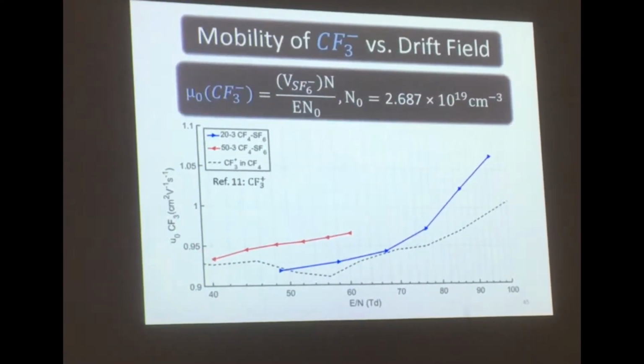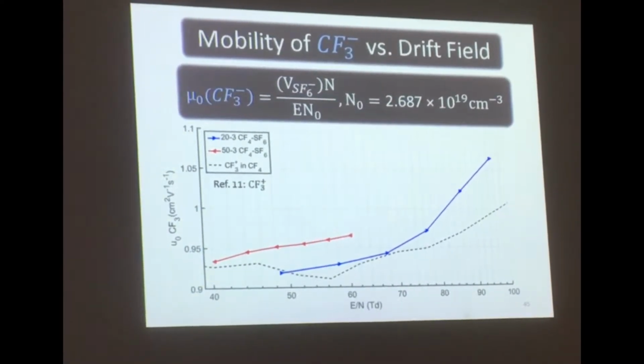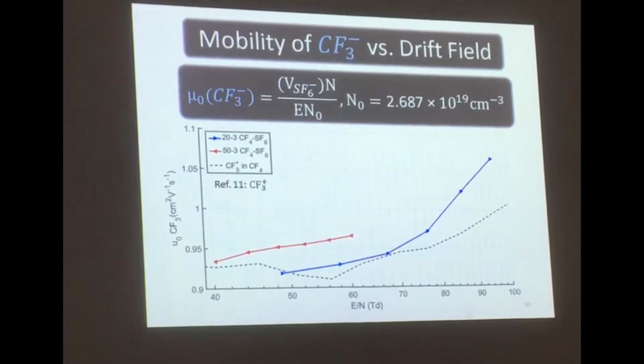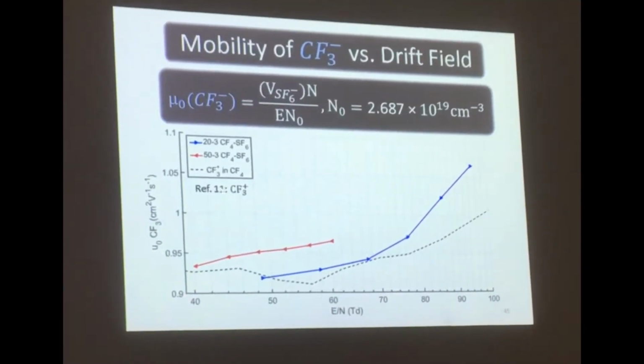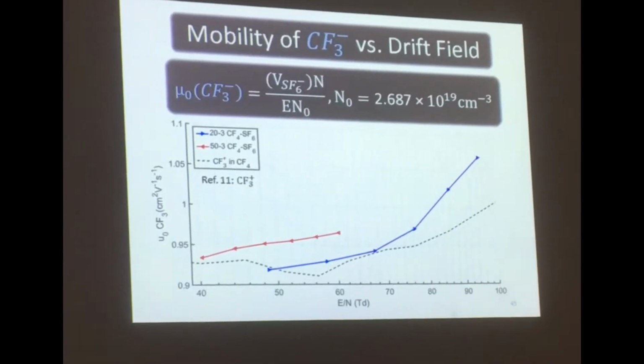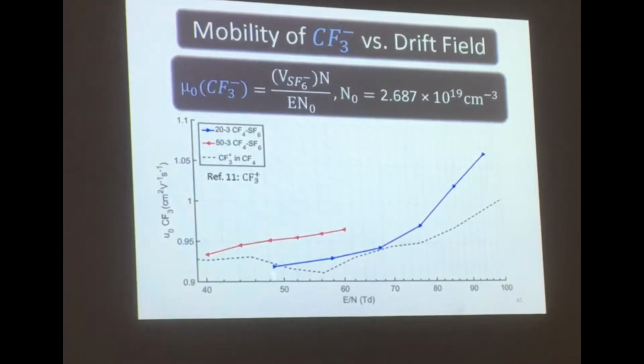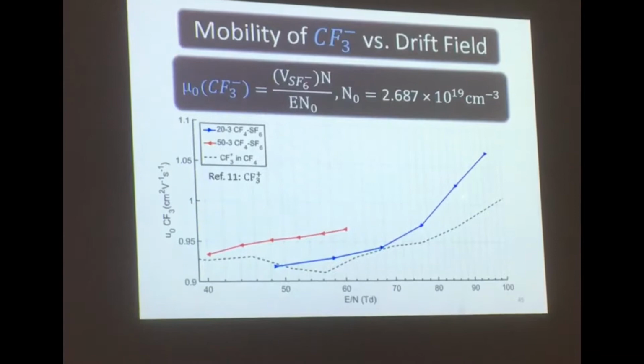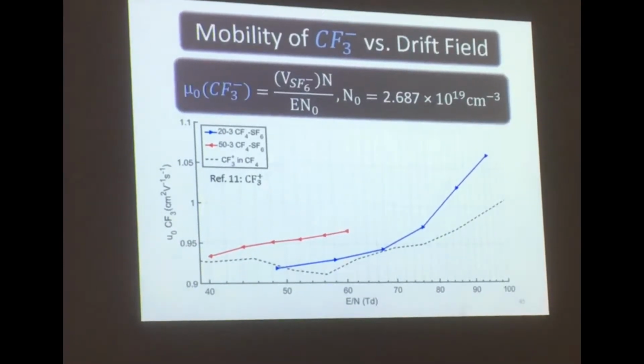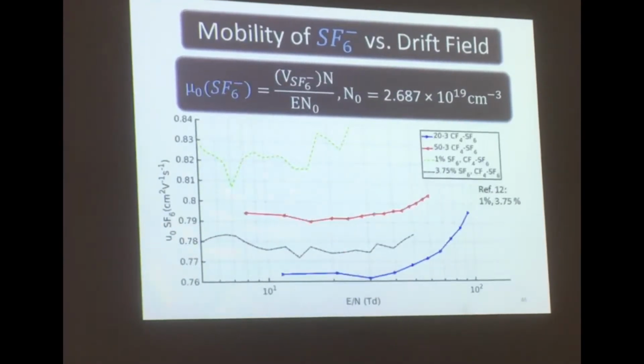So the best that I could find to compare with these results is measurements of the mobility of CF3 plus, the positive ion, and that's this dashed line here. And you see it's pretty consistent with what I measured.